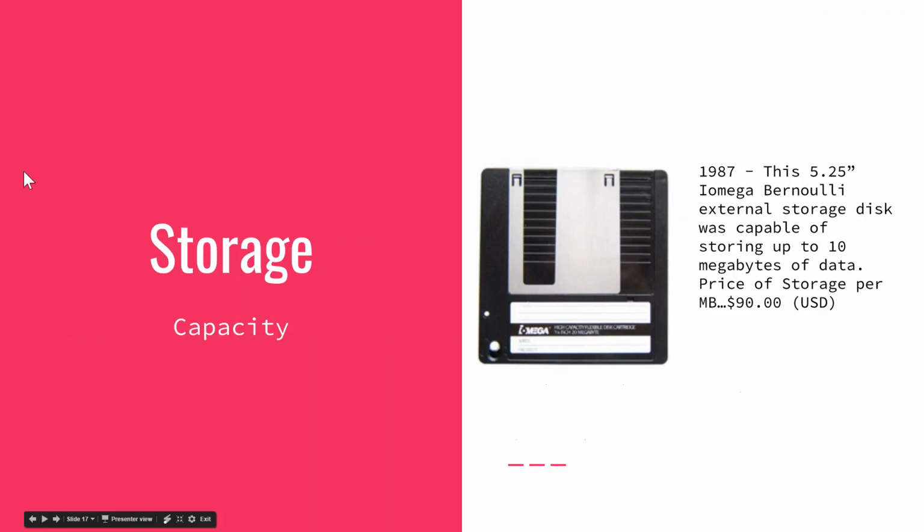We also needed to come around with a little bit more storage capacity because we needed higher resolution, right? Here, in 1987, we were finally introduced to the Bernoulli drive from Iomega. It was a whopping, you get it, 10 megabytes of data, and that thing sold for a whopping 90 bucks a piece.